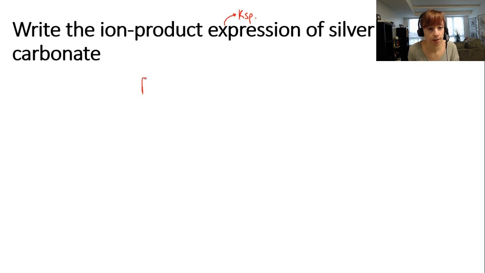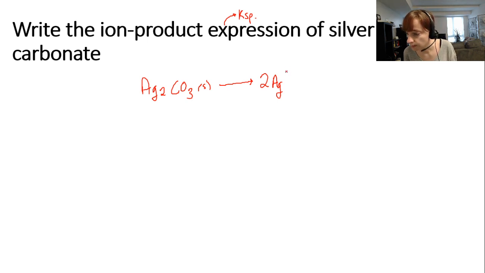So silver carbonate is Ag2CO3. So this is solid. But if you were to dissolve it in water, you would end up with this ion equation. So 2 Ag plus, that's aqueous because it's an ion, plus our carbonate, CO3 2 minus, this is aqueous.